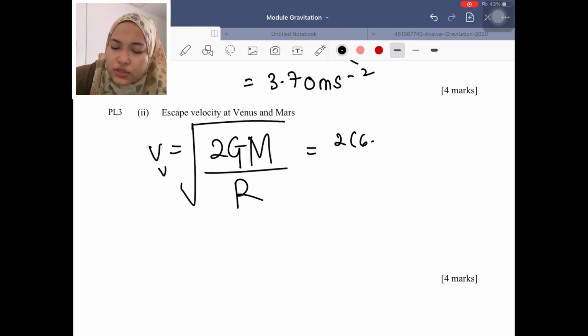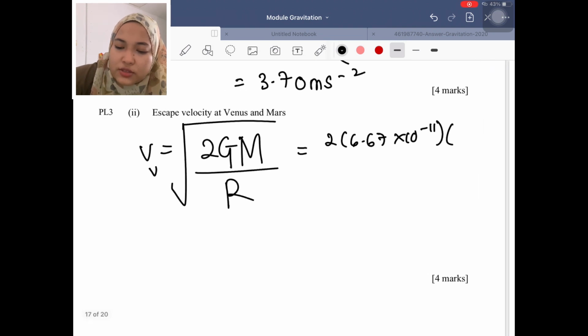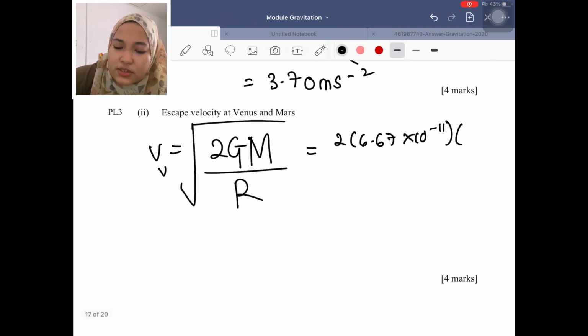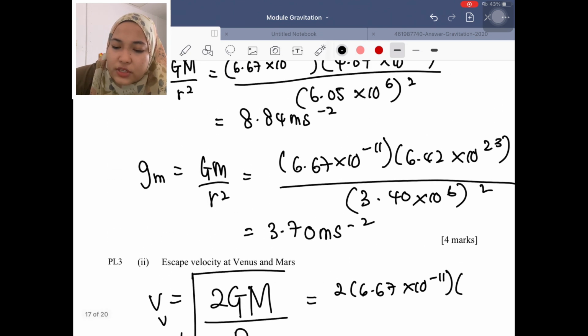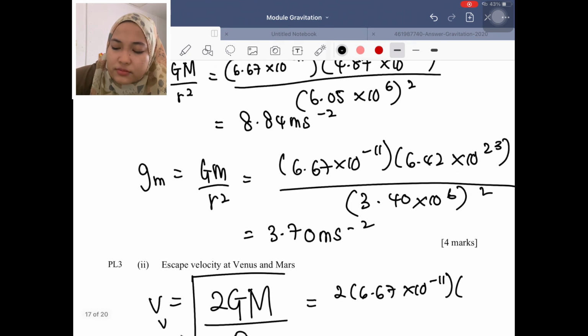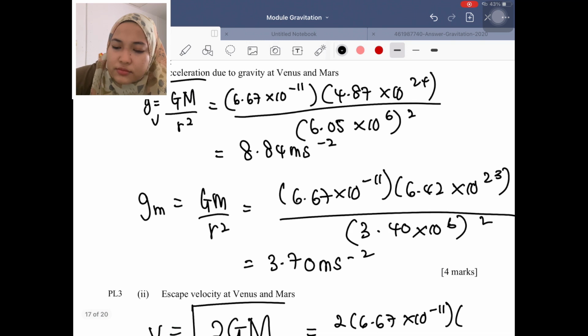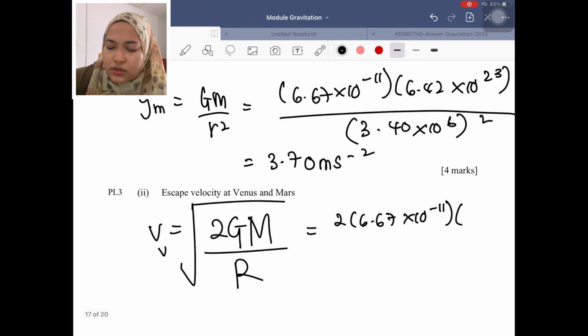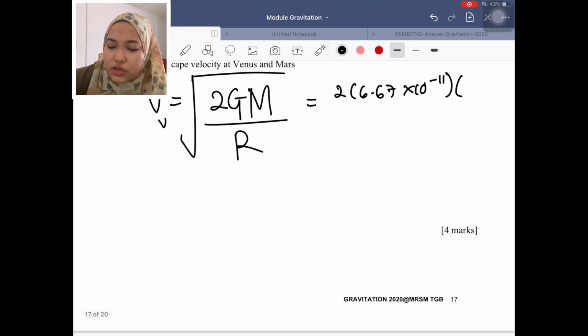So 2, 6.67 times 10 power of negative 11. So mass of Venus berapa? So mass of Venus, okay, so kamu boleh masukkan semua nilai.